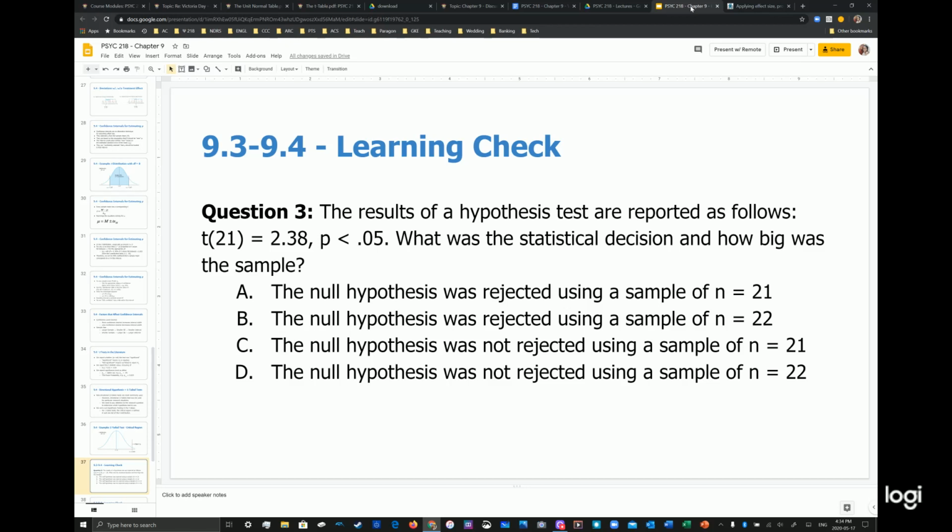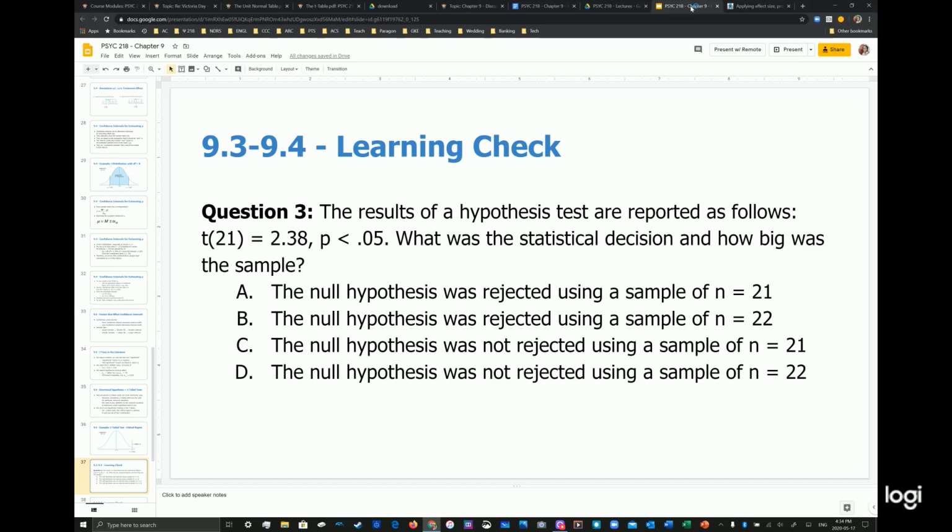Based on what is shown in the report, what was the decision that was made and how big was the sample? Your choices are: A, the null was rejected and the sample size was 21. B, the null was rejected and the sample size was 22. C, the null was not rejected and the sample size was 21. And D, the sample size was 22, and the null was not rejected.